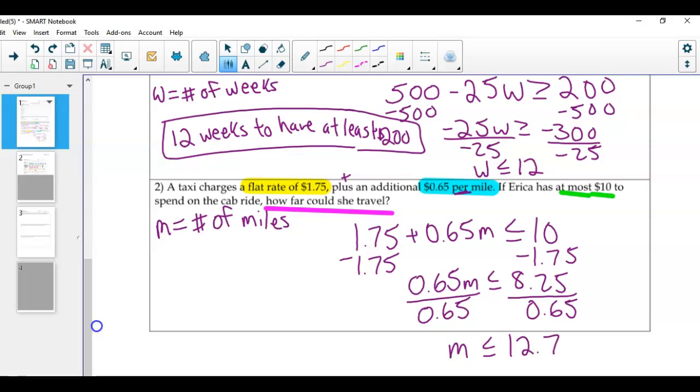So this means the most amount of miles she could ride is 12.7.